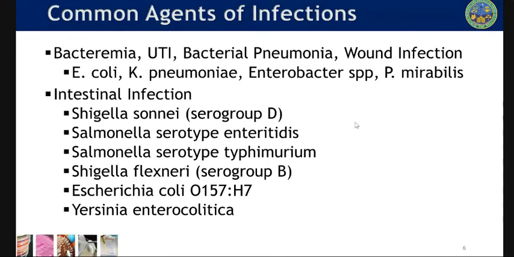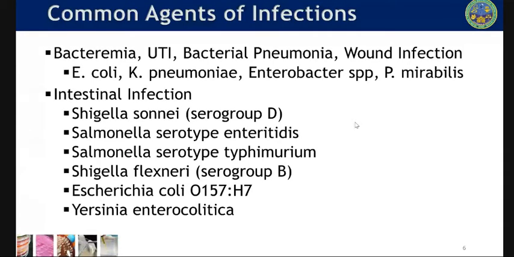So what are the different common agents of infection? You have several organisms under different tribes under your family Enterobacteriaceae. The ones that cause bacteremia, UTI, bacterial pneumonia, and wound infection, the most common ones are E. coli, Klebsiella pneumoniae, Enterobacter species, particularly Enterobacter cloacae.